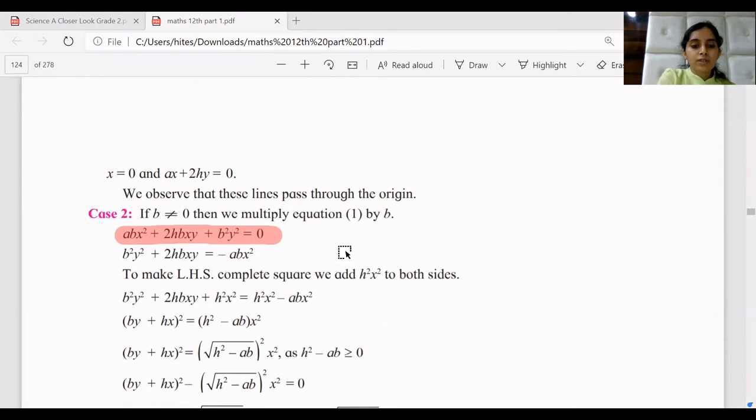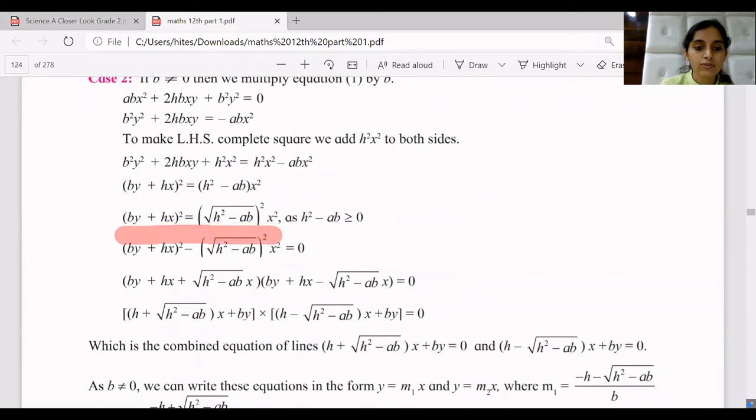Then what do we do? Shifting abx² to the right-hand side, we get −abx², and then on the left and right, we add h²x² to complete the squares. We get two factors after doing that. Now, what are these two factors? Let's come to the factors directly after solving.